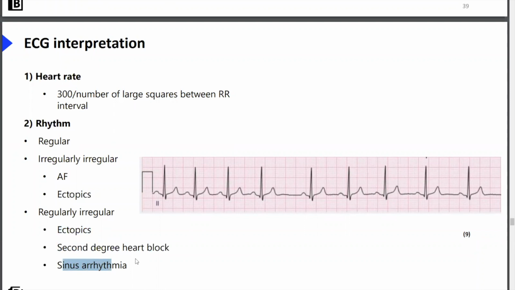What is sinus arrhythmia? Again, this is another thing I heard at medical school, and I had no clue what it was. But basically, it's variation in heart rate, variation in rhythm based on a patient's breathing.